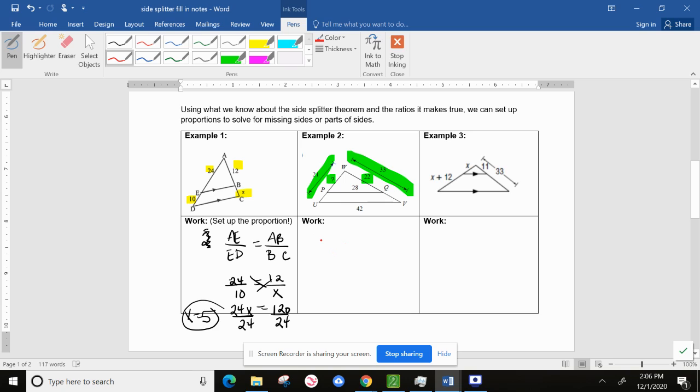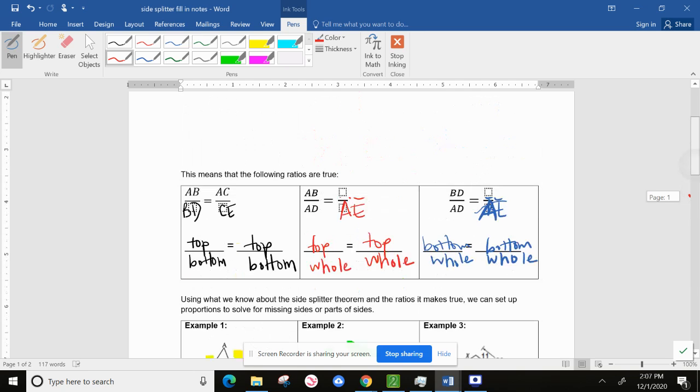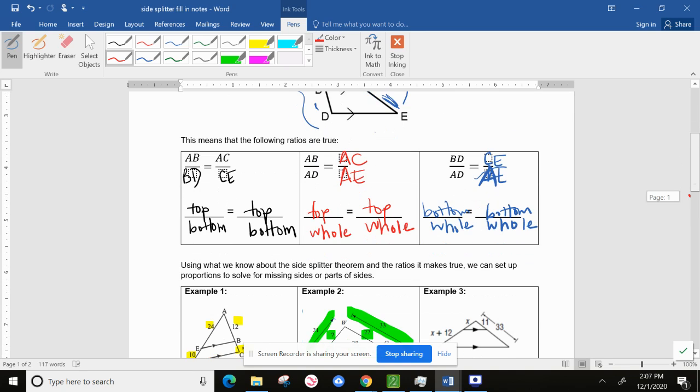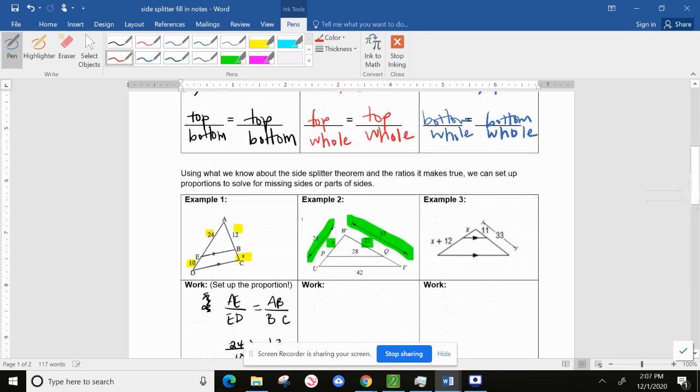Okay. When I look at this, I think it's reminiscent of one of the ratios we just wrote up here, either the second or the third one. Oh, it's the second one. So we've got a ratio of the top portion to the whole. What I mean by the top is this right here. That's what we want to find.